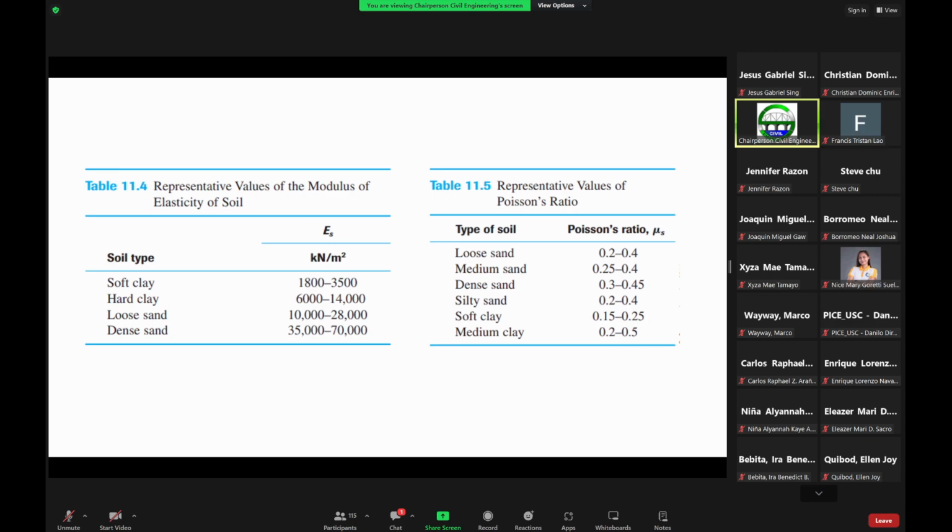And for consistency, you can have very soft, soft, firm or medium stiff, then stiff and hard clays. Normally we determine them during the geotechnical investigation. So here, when you say medium sand, that's a medium dense sand. When you say a medium clay, that's actually a medium stiff clay or a firm clay.